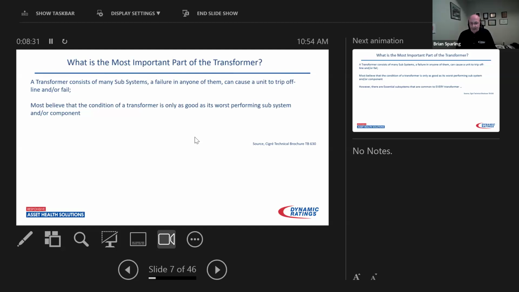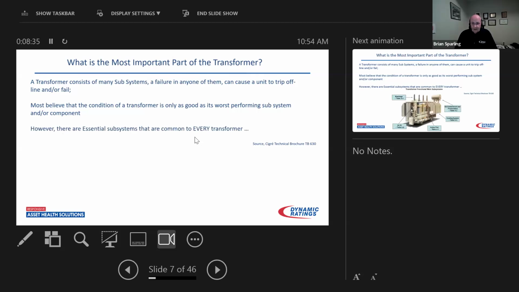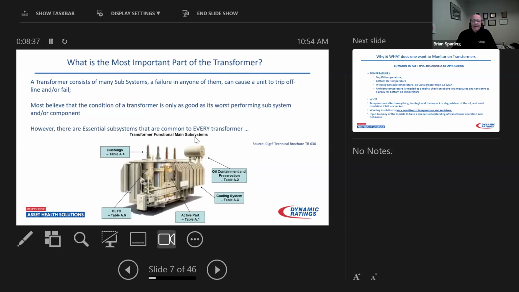So what's the most important part of a transformer? The unit consists of many subsystems. This comes out of that same CIGRE brochure. There are five major subsystems, as you can see here. And most people believe that the overall condition of a transformer is only as good as its worst performing subsystem and/or component.